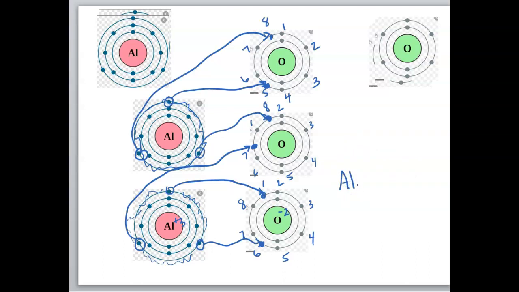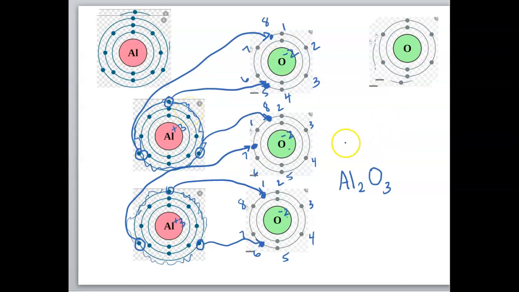How many aluminums did we need? We needed to have 2. I write that as a subscript. Then we have oxygen that is gaining those electrons. How many oxygens do we see? We see 1, 2, 3. Remember, they're attracted to each other because of these positive and negative charges.